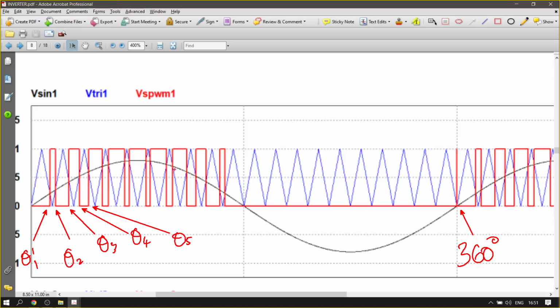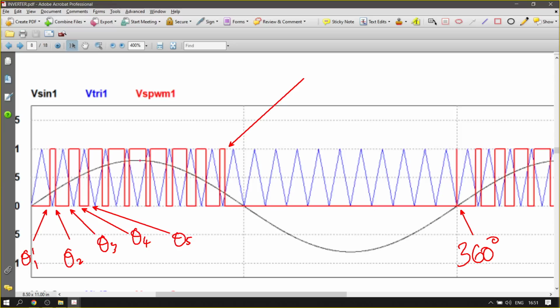So this microprocessor, if you can provide it with the equation for theta 1, theta 2, theta 3, 4, 5, you can create this pulse without having all the ICs. Comparator, we call it a discrete IC. Kita tak perlu beli komponen IC, comparator apa semua dah. Kita cuma ada microprocessor tu, right? And then we program, and then we just generate this pulse.